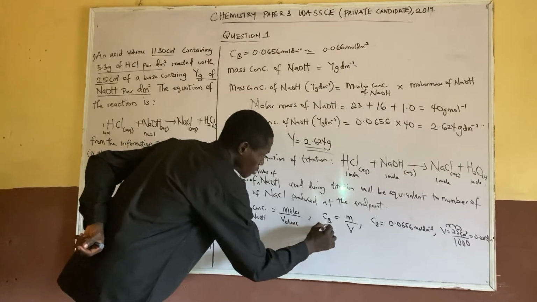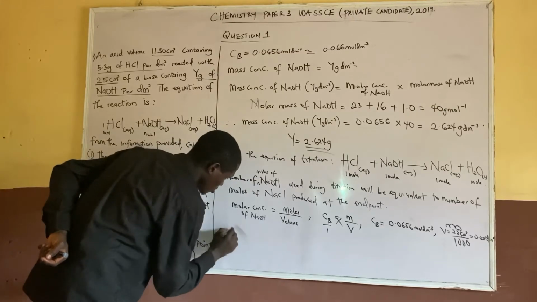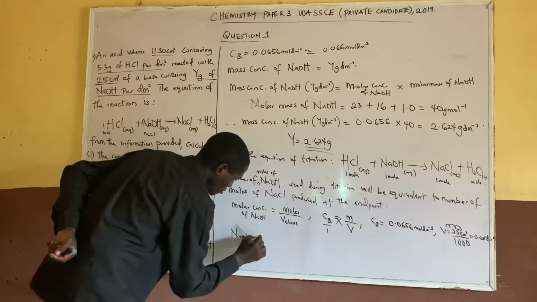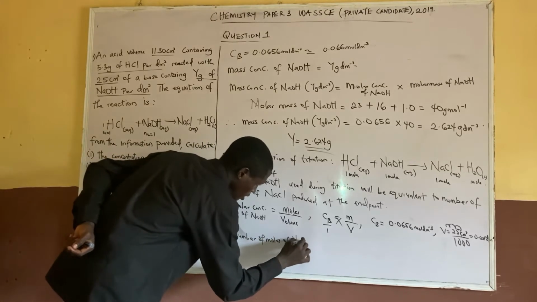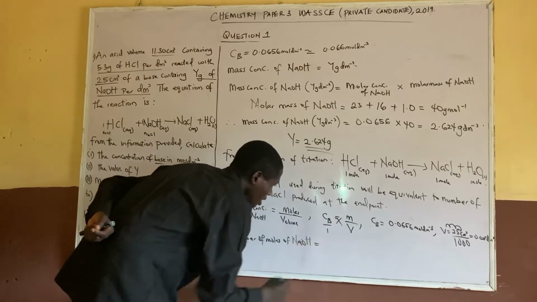So we now have, by simply cross multiplying, the number of moles of sodium hydroxide that was used during titration.